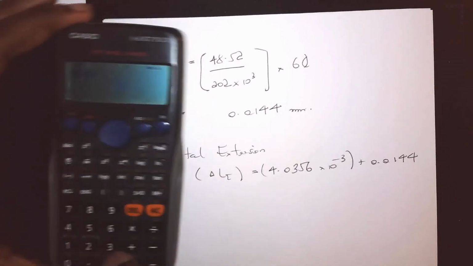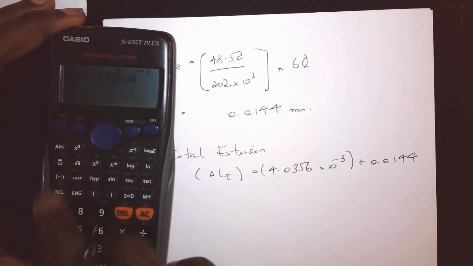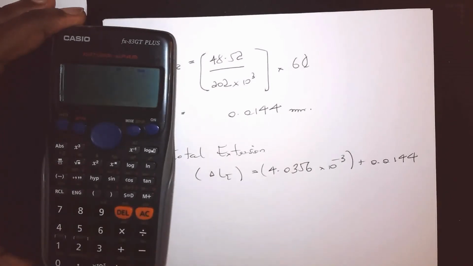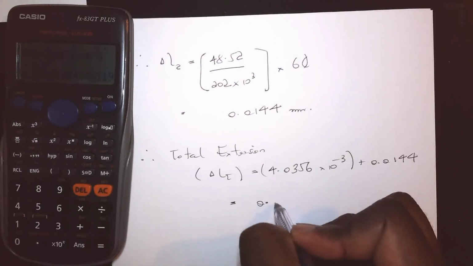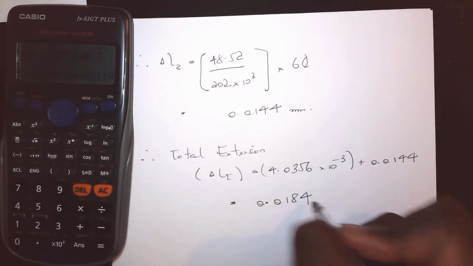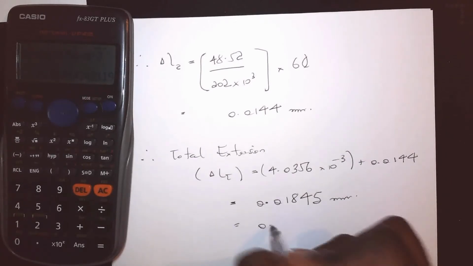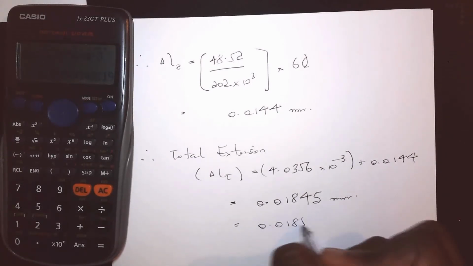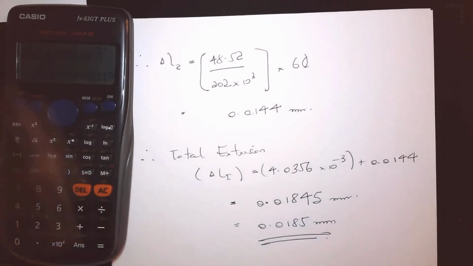So just add 4.0356 exponent minus 3, and that would give 0.01845 millimeters. Or if you want to write this as 0.0185 millimeters, and that gives this total extension.